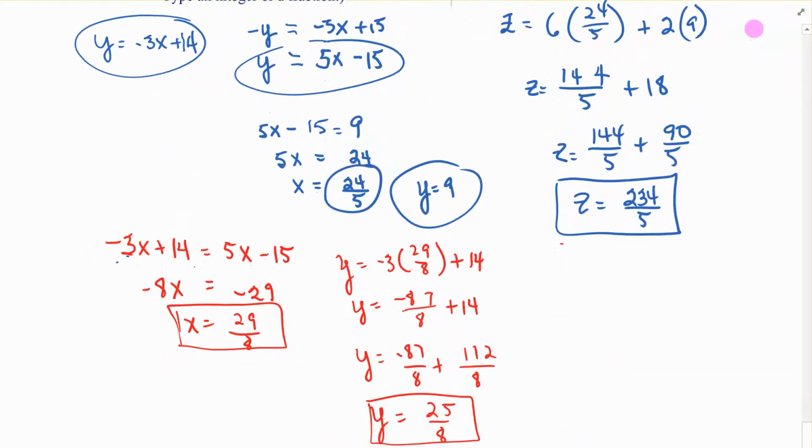So down here, I did that and got the 29/8 and the 25/8, or you could just do it on your calculator and when you graph it, do second calc intersect and find the intersection of those. You'll get it in decimals, but you could convert it easily to fractions by doing math and fraction, and you would get that.